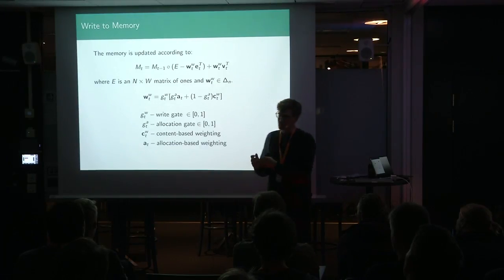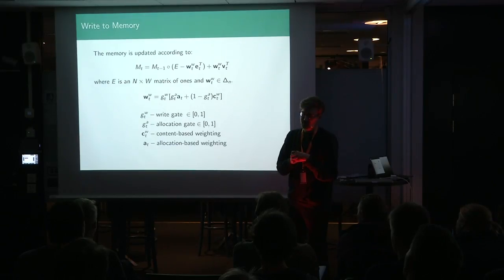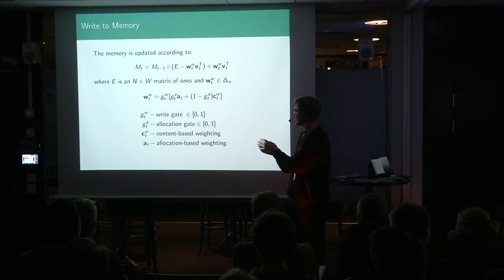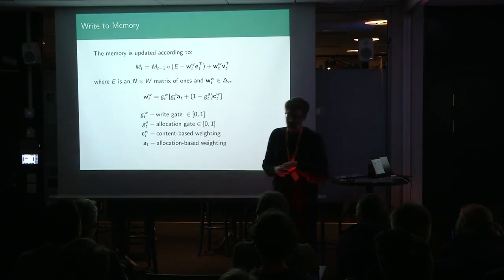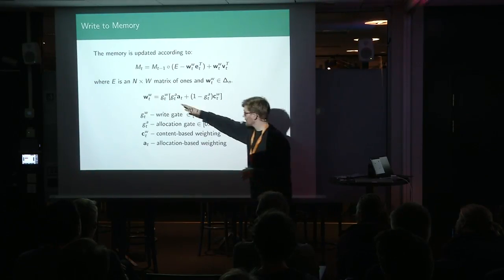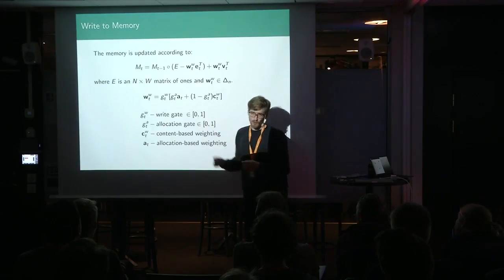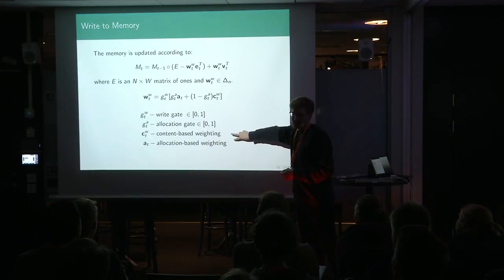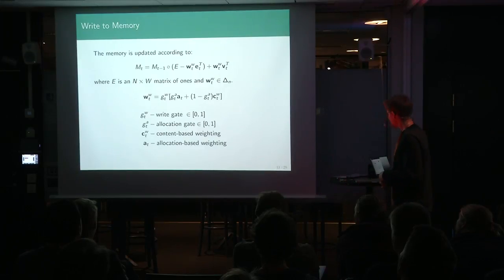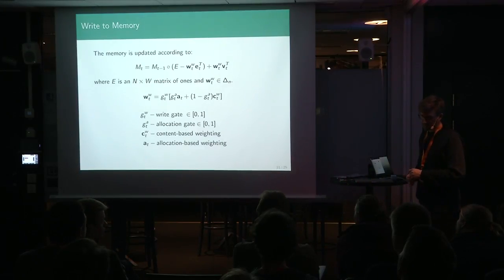If the content is important, you overwrite something you want to replace, or if you just want to write something new. And this g^w controls if you want to write at all. If it's 1, then you will write something. If it's less than 1, you will have some probability of not writing anything. So you can see that there are two attention mechanisms at play here, content-based and allocation-based. No, it comes into the reading part.